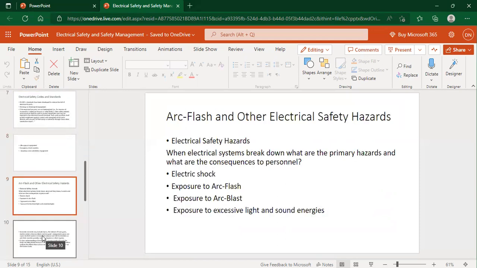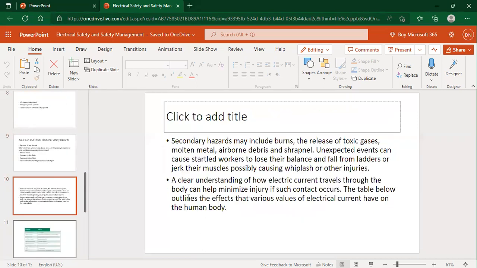Arc flash and other electrical safety hazards. When an electrical system breaks down, the primary hazards and consequences to personnel are electric shock, exposure to arc flash, exposure to arc blast, and exposure to excessive light and sound energies. Secondary hazards may include burns, the release of toxic gas, molten metal, airborne debris, and shrapnel.